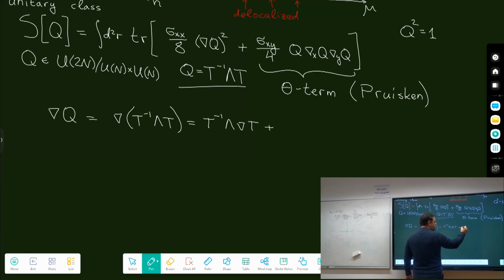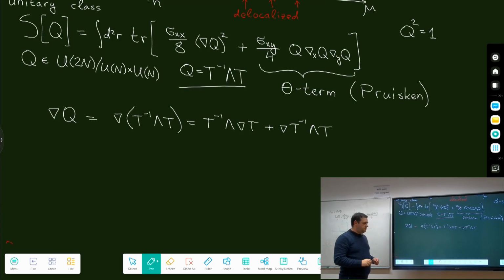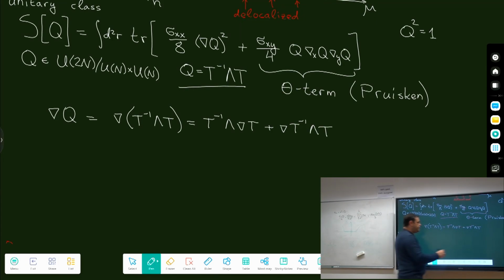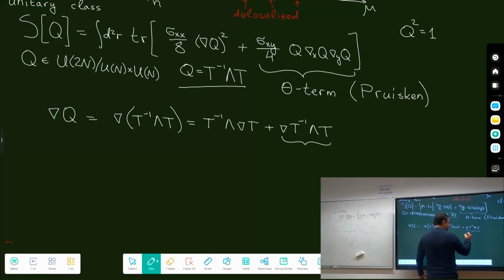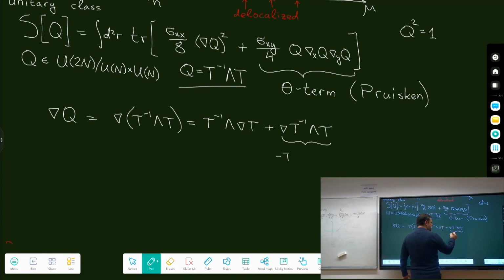Or gradient of T inverse lambda T. This second part here, the gradient of the inverse matrix, we already saw it a few times. Gradient of the inverse matrix is minus T inverse gradient T inverse. And then lambda T is as before.